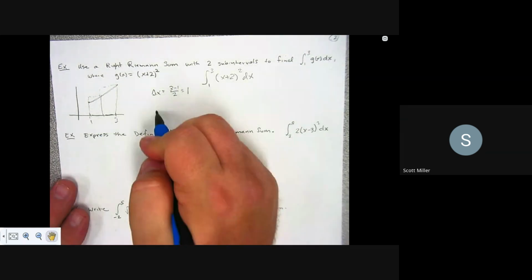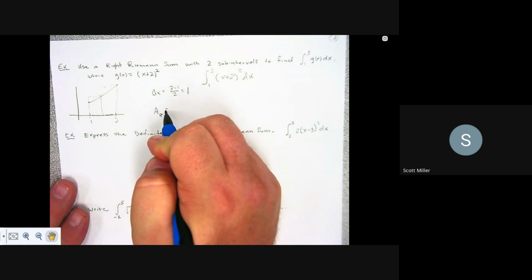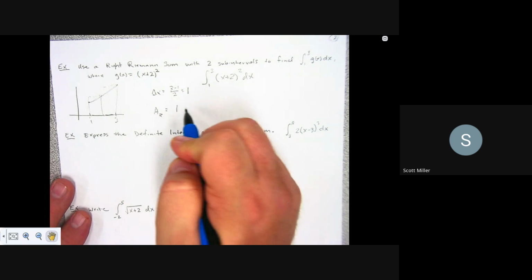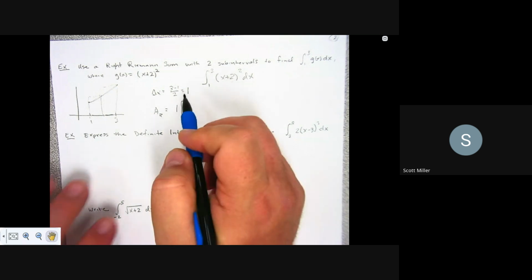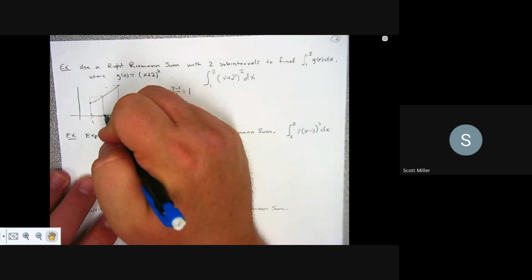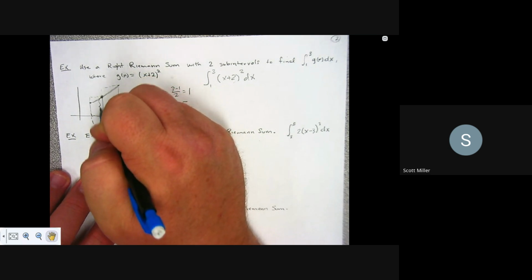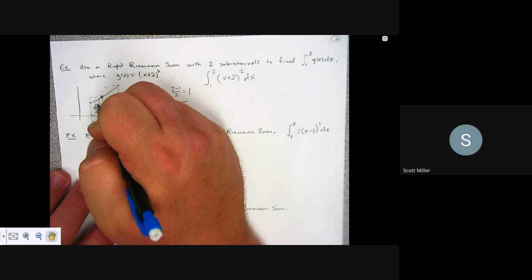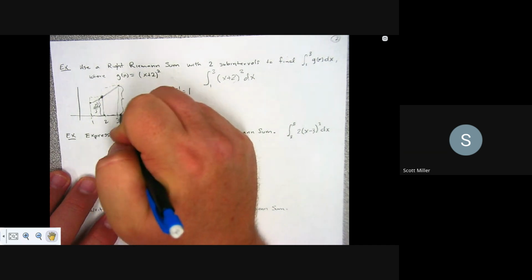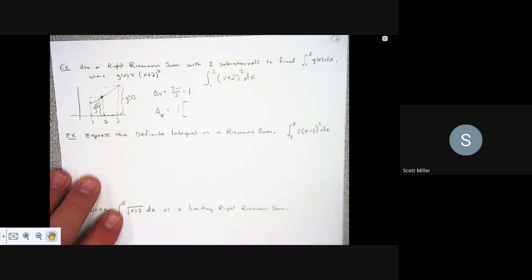And so what is my approximation going to be for a right Riemann sum? It's the width times the height here, which is at 2. So this height right here is g at 2, and then this height is g of 3.